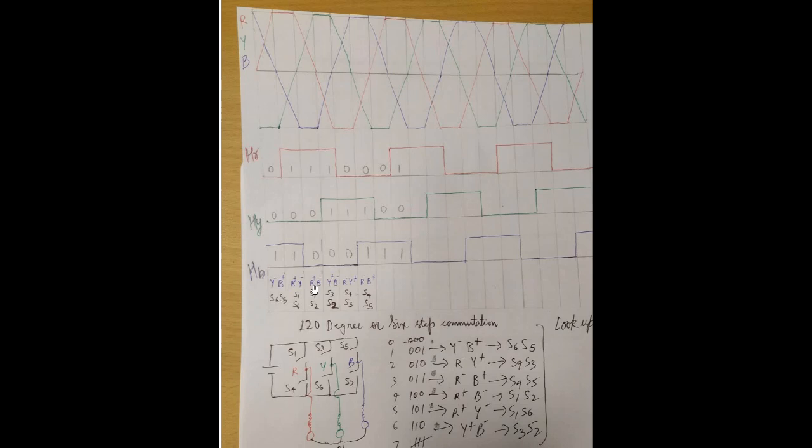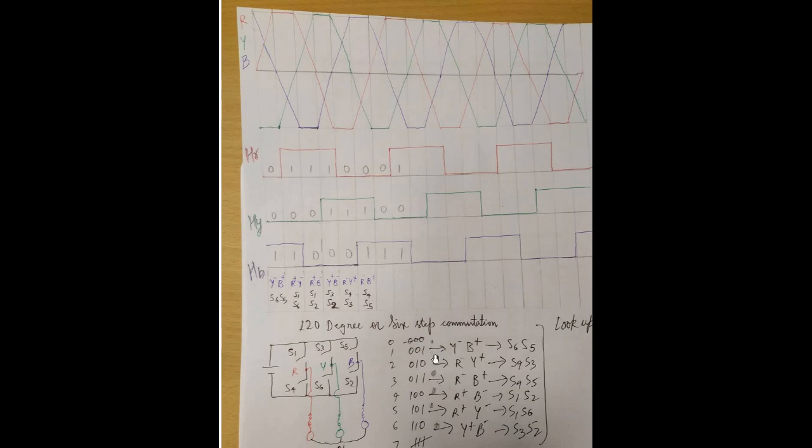Since our S1 switch is already conducting, we should keep it conducting for the next 60 degree so that phase R conducts for the remaining 60 degree and in total conducts 120 degree electrical. Similarly, we can analyze the other three conditions we are receiving from our Hall sensors.